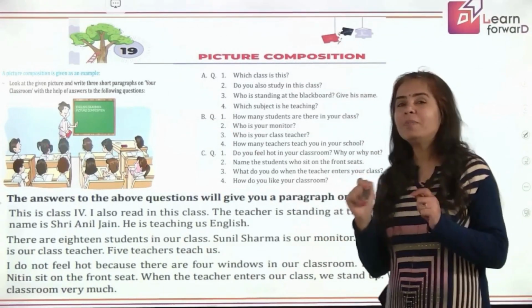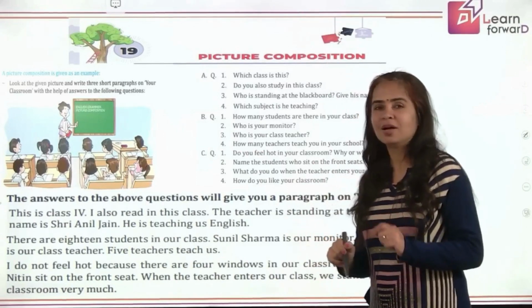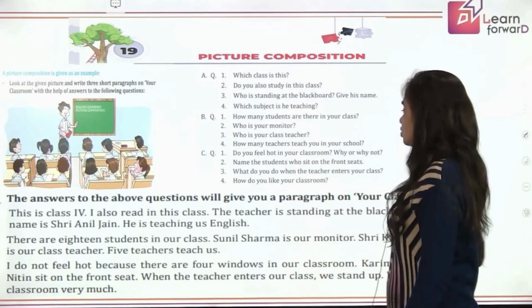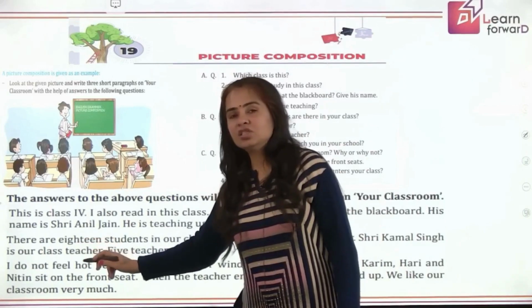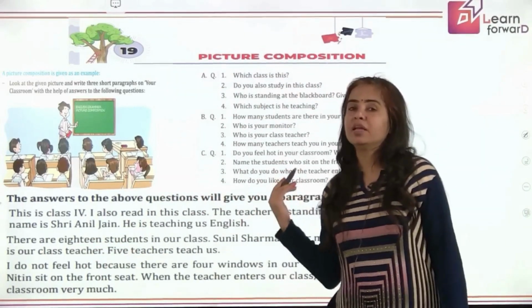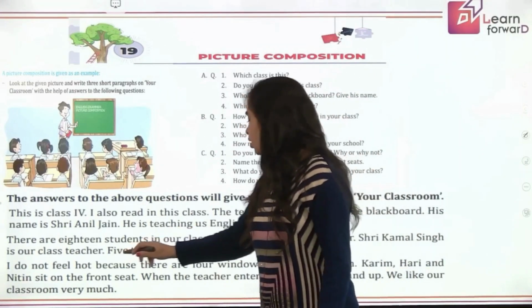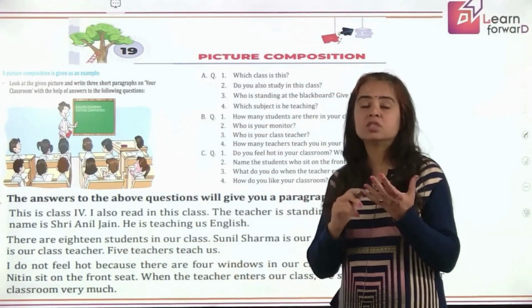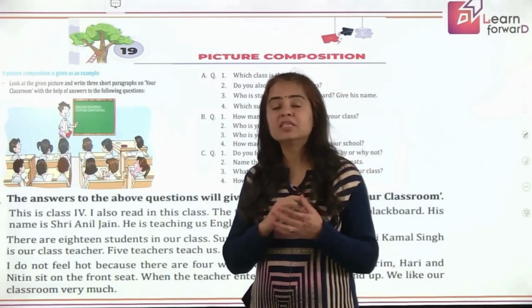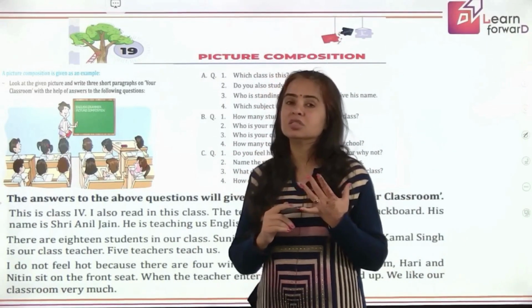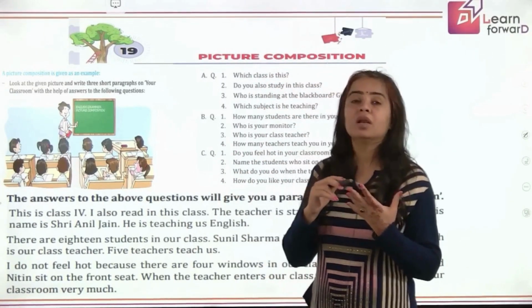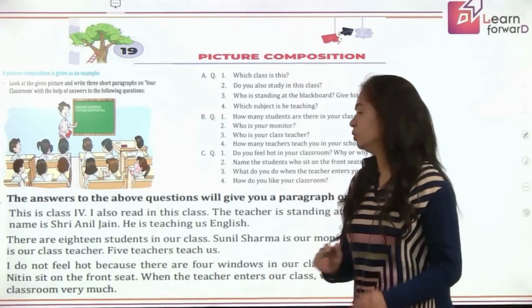So for every petty thing, you just rush to her, right? Shri Kamal Singh is our class teacher. If it is sir, you'll write Shri. If it is ma'am, you'll write Mrs. 5 teachers, you'll just be counting the different subjects and the respective teachers that teach you. So you'll be giving the number of teachers who teach you in school.